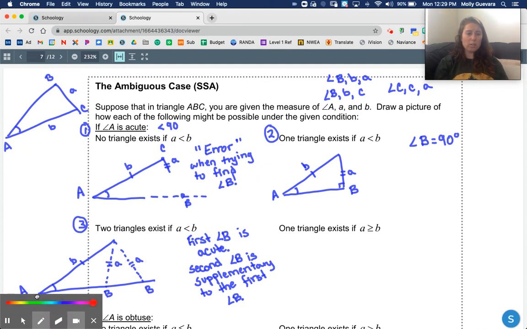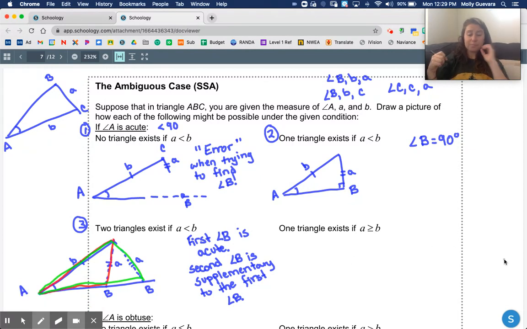One triangle here, and that's when the B is obtuse, and then the other triangle is here. And that's when B is acute. So that's just how we're getting two triangles. Okay, so that's case 3.